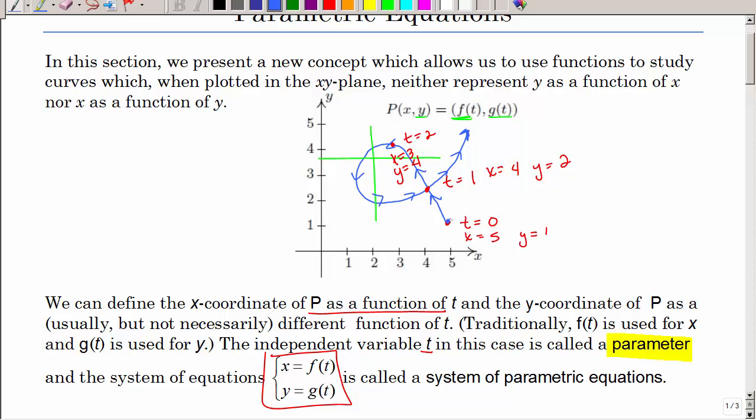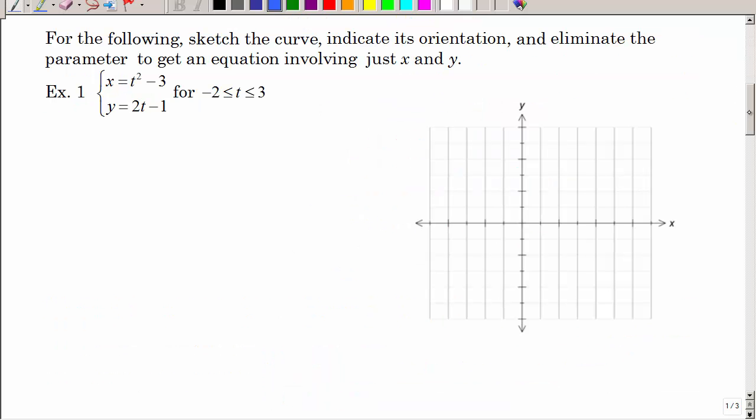It's more of a direction. So our goal today is to take a set of parametric equations, and we're going to learn how to sketch the curve, indicate that orientation, and then eliminate the parameter to get an equation involving just x and y and compare those two graphs.